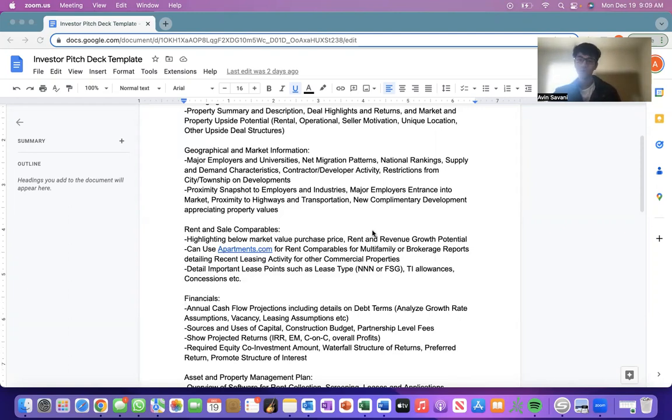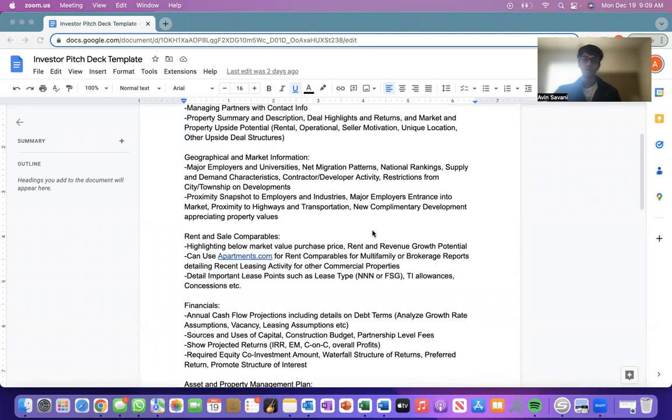Parking spaces, the address, obviously, the net rentable area, the gross buildable area, floor area ratio, some other good things to keep in mind. So that's the description.